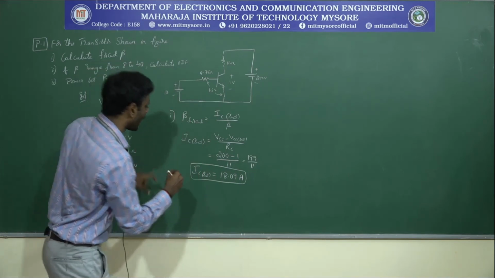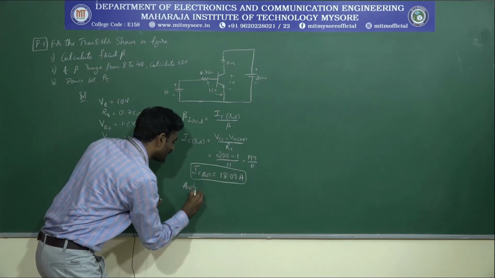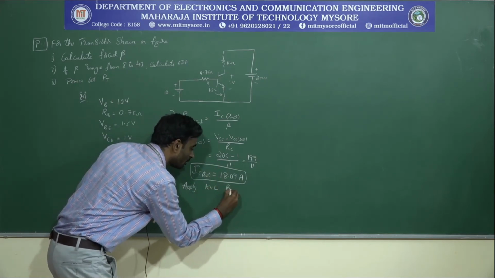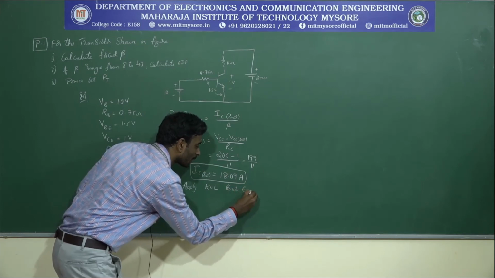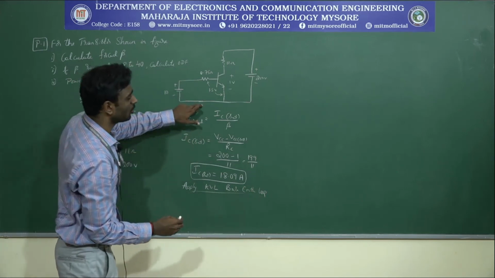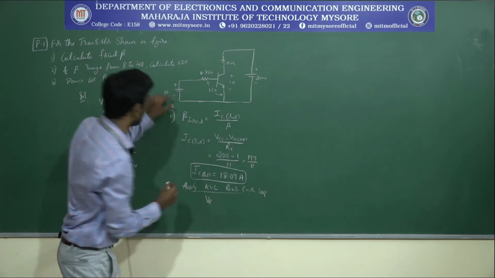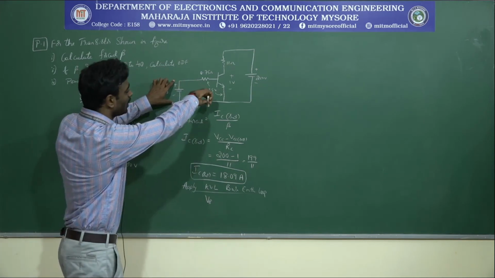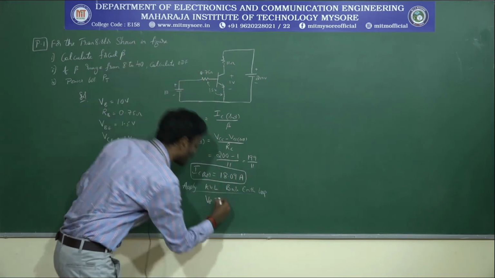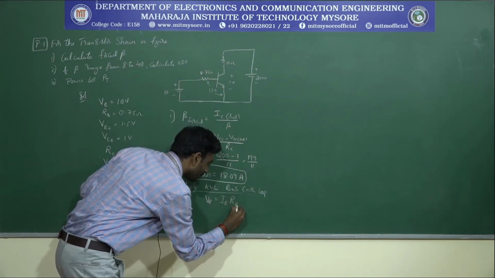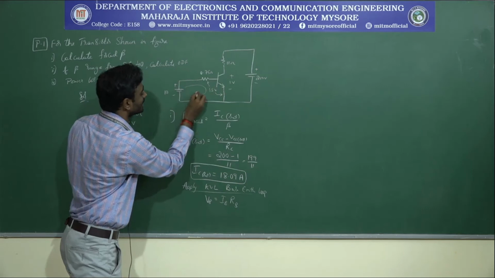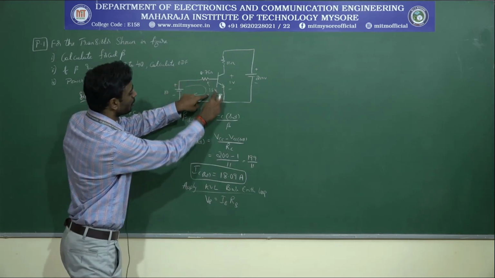And again I should apply the KVL to the base emitter loop. Applying KVL to the base emitter loop, I will be having VB equal to IB into RB plus VBE.